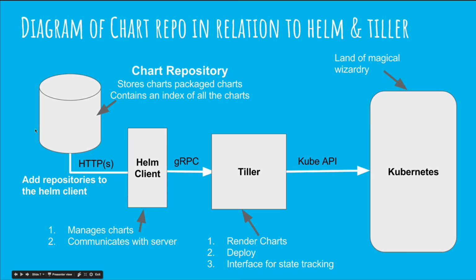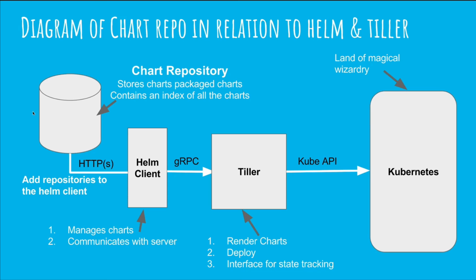So what we call the stable official chart repository is managed by the core Helm team under the purview of Kubernetes SIG apps. They publish official chart releases to an HTTP server that's called a chart repository.